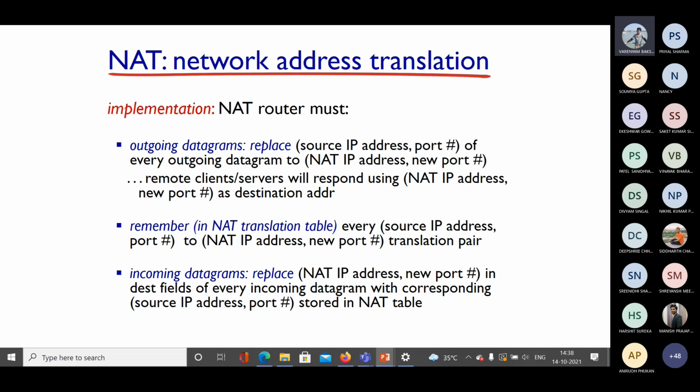So it all depends on the NAT translation table having information about the datagram exchanges happening with the outside world. And similarly, whenever a datagram is received, the destination address has to be replaced with the correct one. These are the tasks carried out by a NAT router, making it the most significant and also the most complex part of NAT translation, because it has to do the maximum tasks.